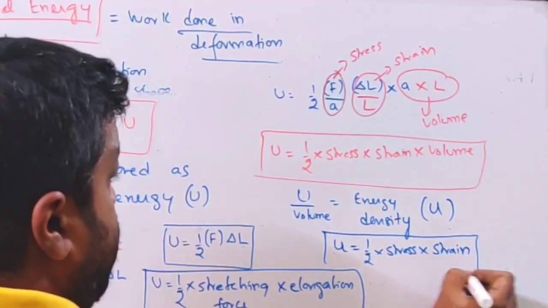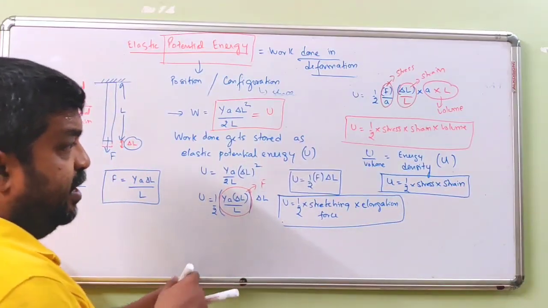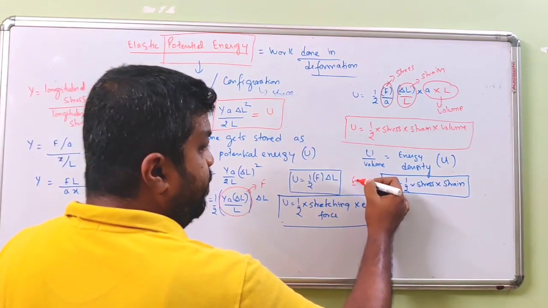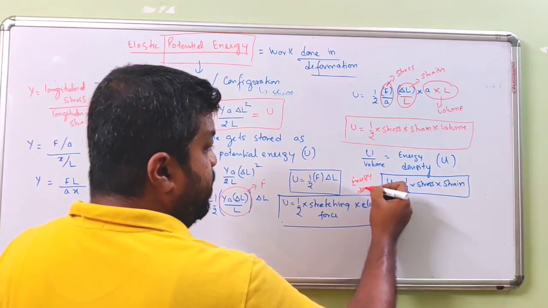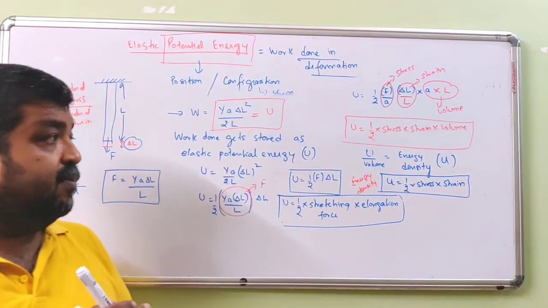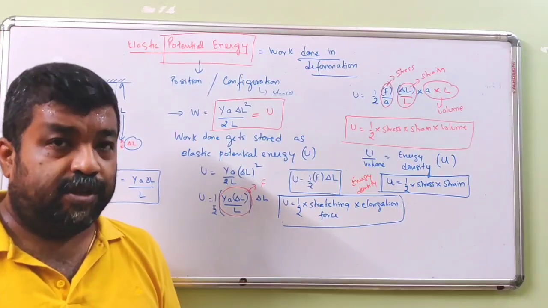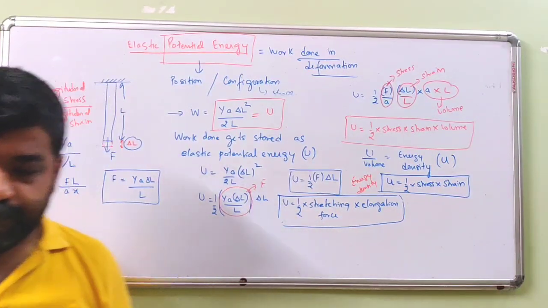This is the expression for energy density. If energy density is given, and you multiply it with the total volume, you will get the total elastic potential energy.